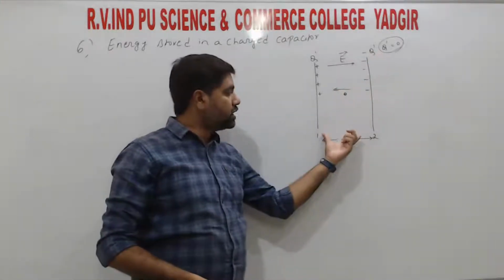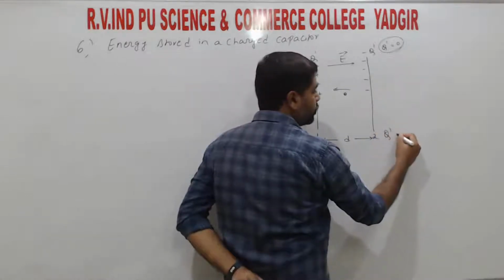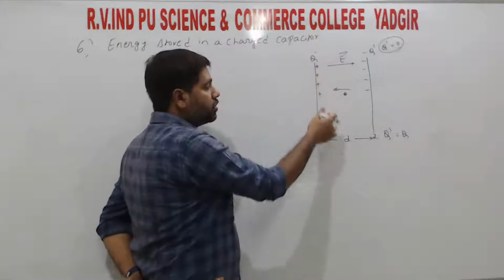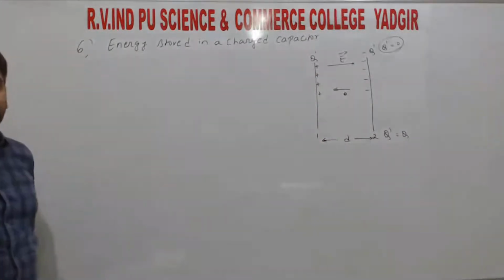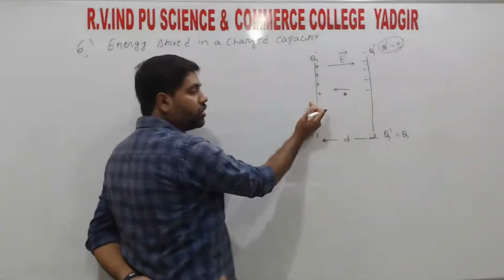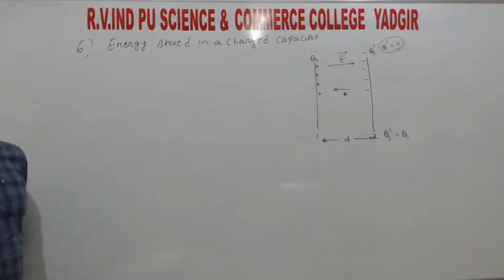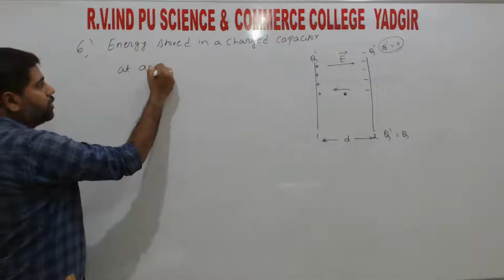When completely charged, q dash is equal to q, and the charges are completely stored in the capacitor. We are bringing a small amount of charge from the second conductor to the first conductor, hence a small work is done.